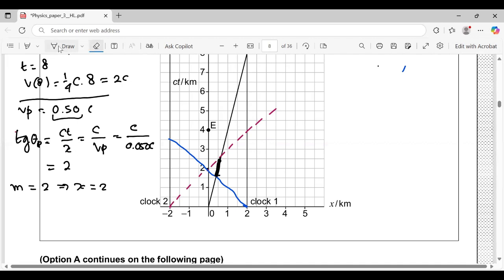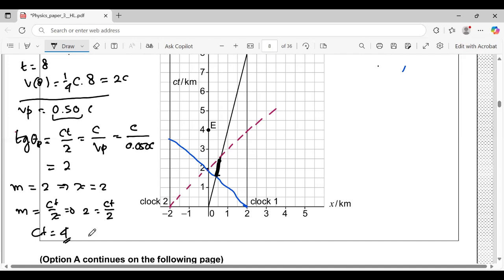Maybe some of you are confused. So the gradient m equals ct over x, or 2 equals ct over 2. So ct equals 4.